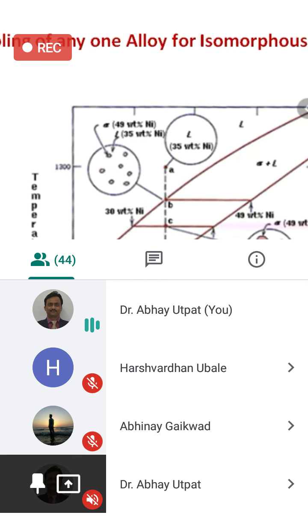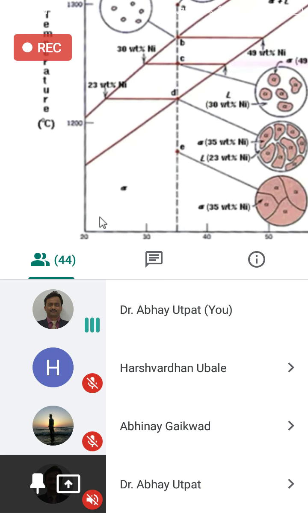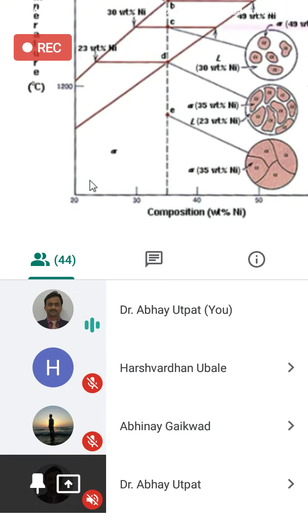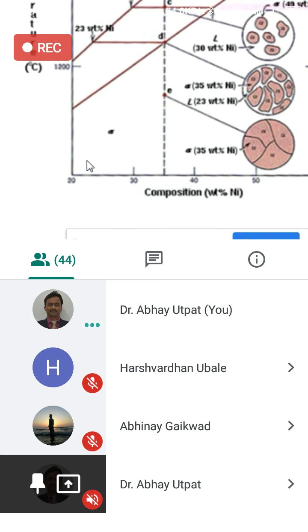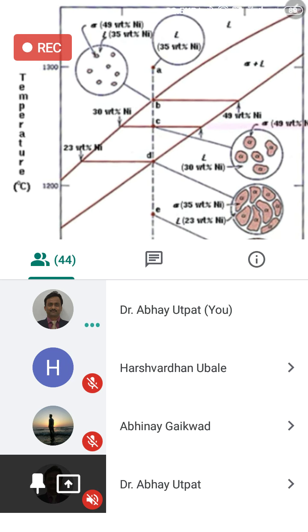Just put the fingers and expand. Starting from point A, whether point A is visible to you? See here my cursor is at the point A. So it is 100% liquid.